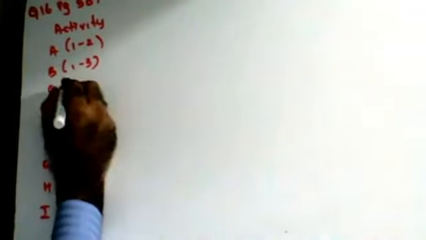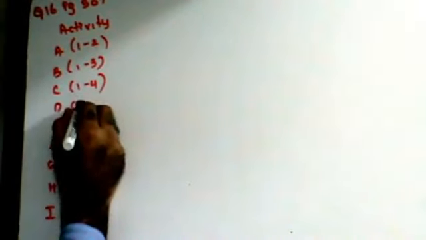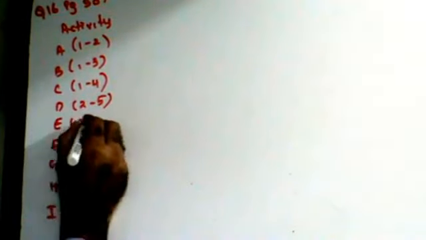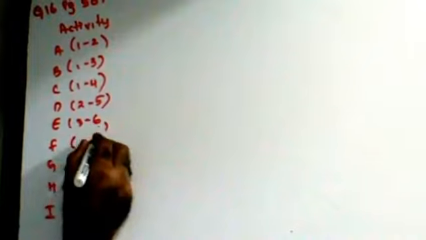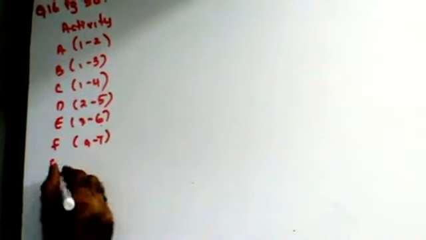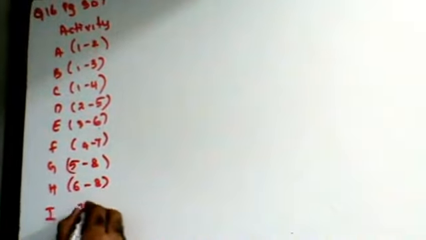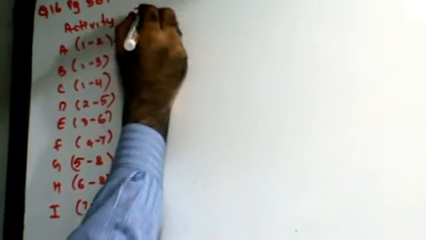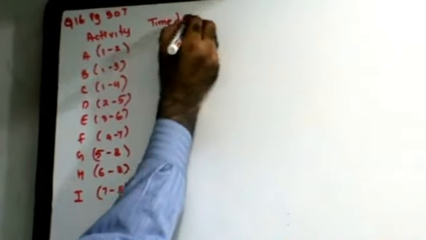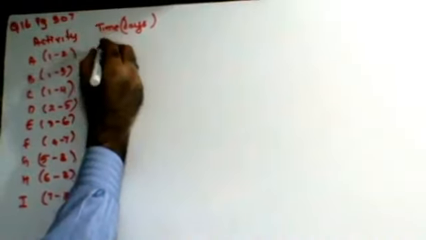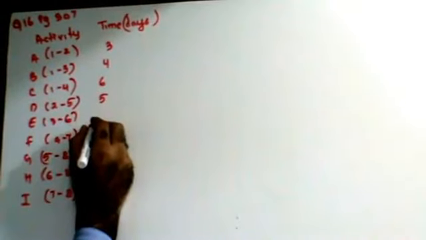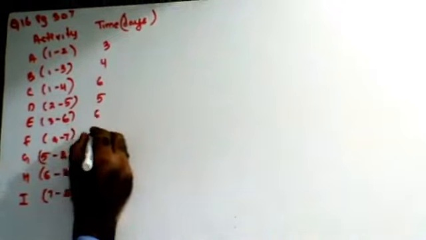Activities A, B, C, D, E, F, G, H, I, which are from 1 to 2, 1 to 3, 1 to 4, 2 to 5, 3 to 6, 4 to 7, 5 to 8, 6 to 8, 7 to 8, and time in days is 3, 4, 6, 5, 6, 5, 4, 7, 4.